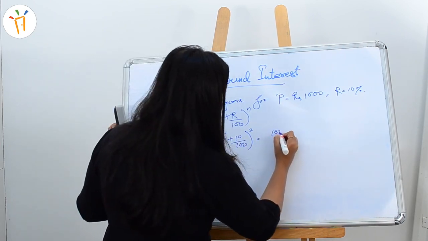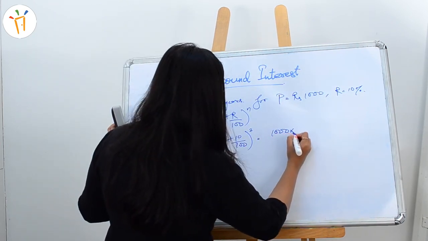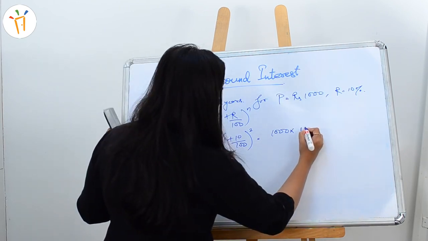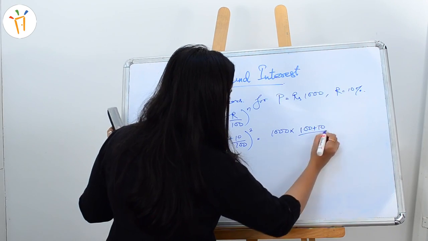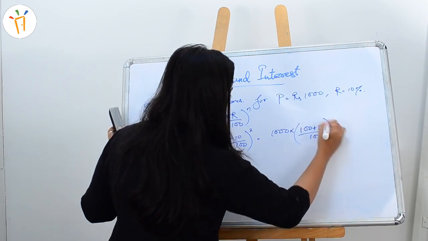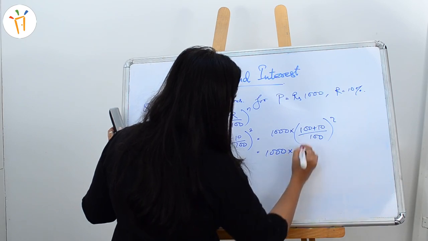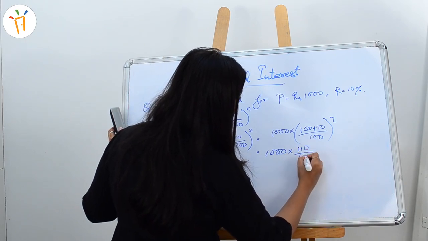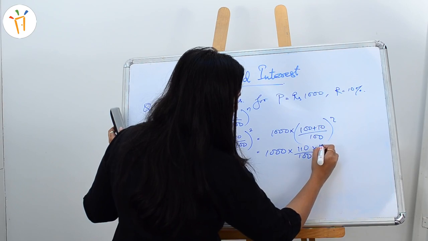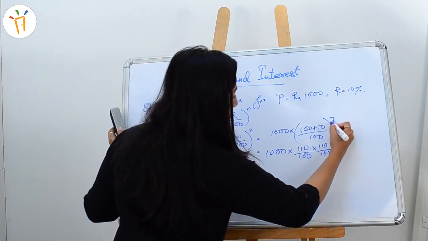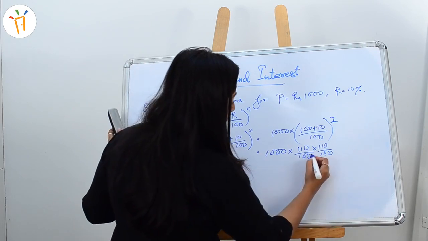So now 1000 into this 1 plus 10 by 100 would be 100 plus 10 by 100 raised to 2. So 1000 into 110 by 100 into 110 by 100. Since it is raised to 2, so 2 times.